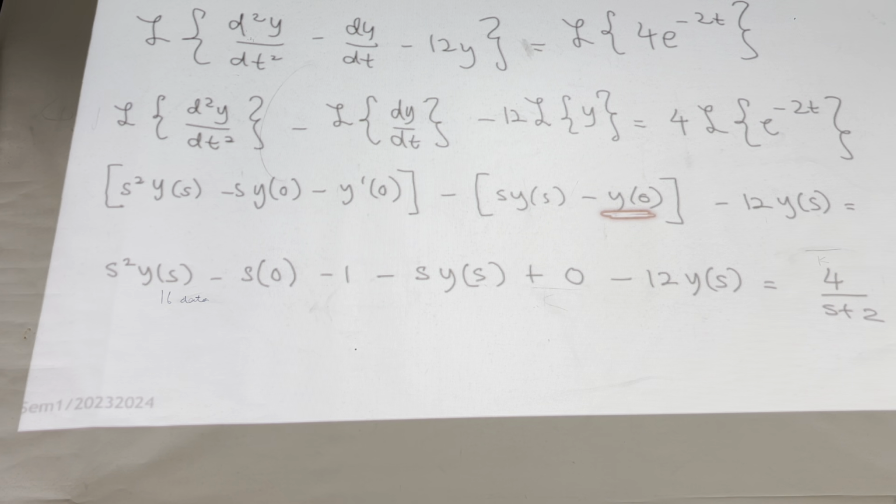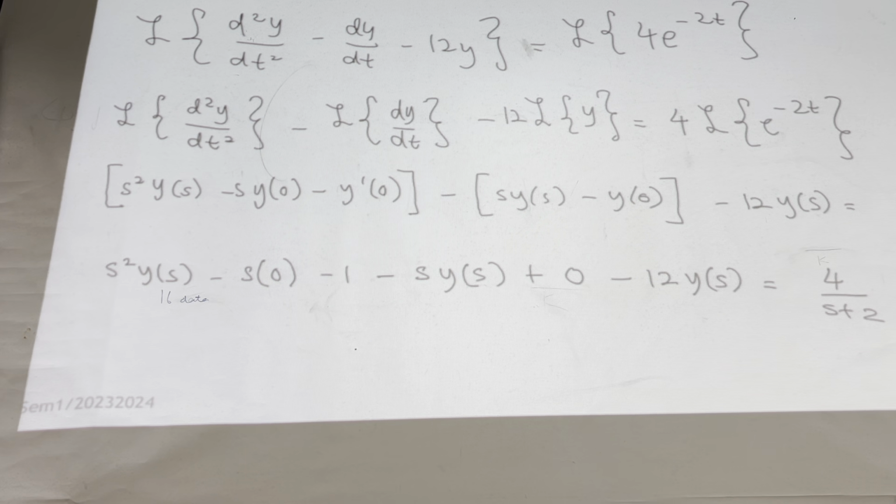Sometimes when you are not careful, you tend to make a mistake. So negative, negative, positive, but we add 0, so it doesn't change the value. Here s multiply 0 is also 0. So now let's group the Y(s).